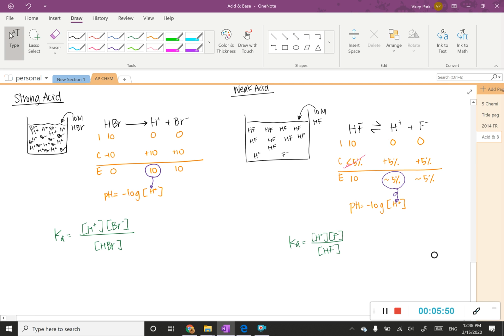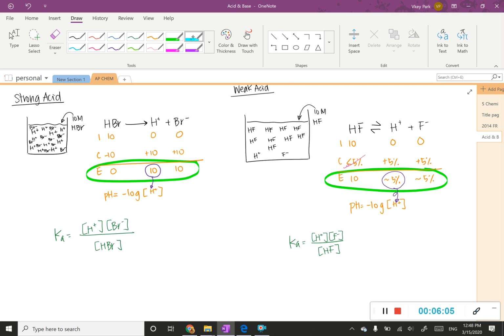Now if you look at this, we are going to plug in all the numbers that are at equilibrium. So I am going to plug in 0 for HBr because I don't have any couples left for the strong one.